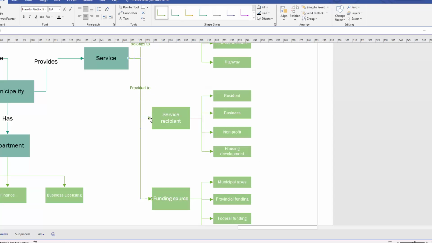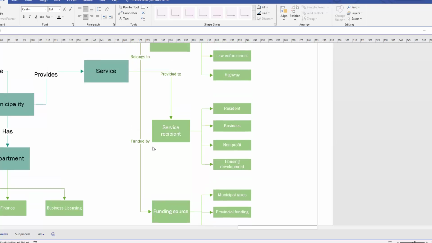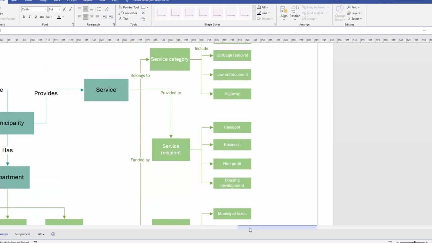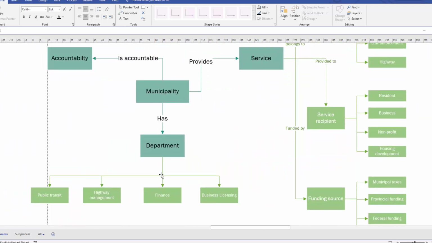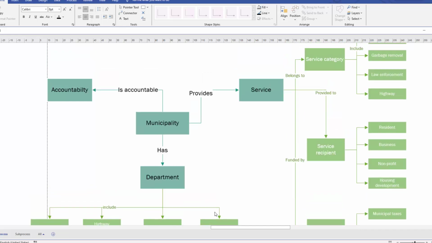Let me move this arrow here so that it's easier to see the label. And a service is funded by various funding sources. And then departments include various departments. You can, of course, label every arrow.